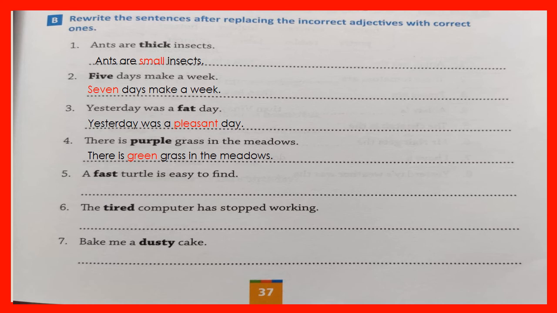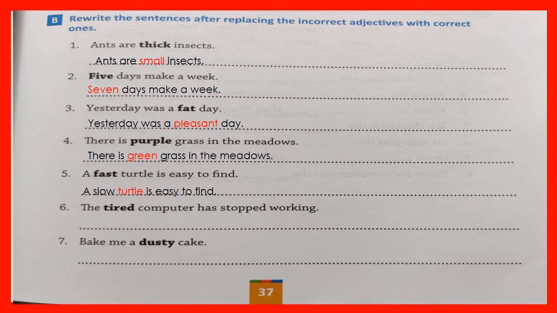Number 5. A fast turtle is easy to find. Now, a turtle cannot be fast. Okay. So, what will you write here? A slow turtle is easy to find. Number 6. The tired computer has stopped working. Now, we don't use a word like tired for a thing.